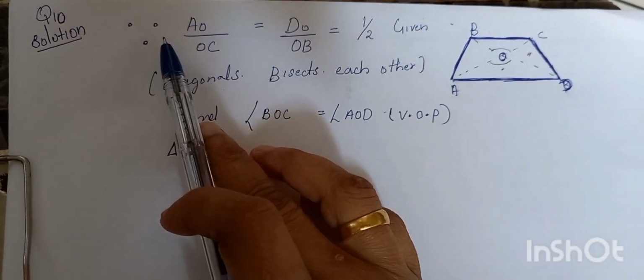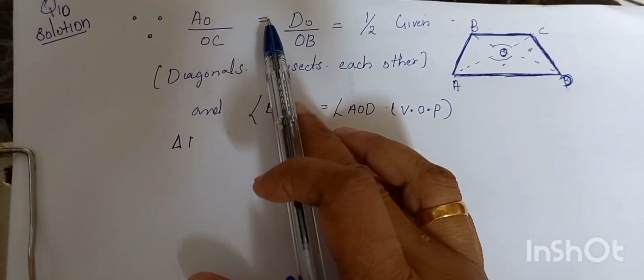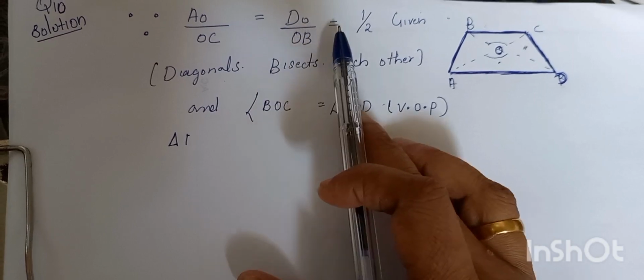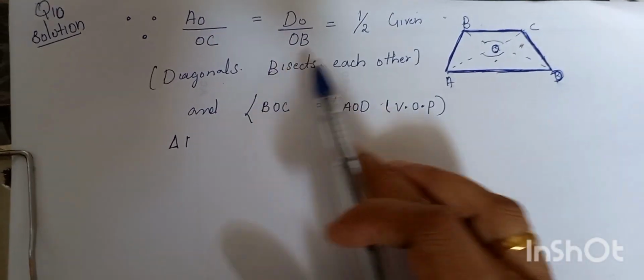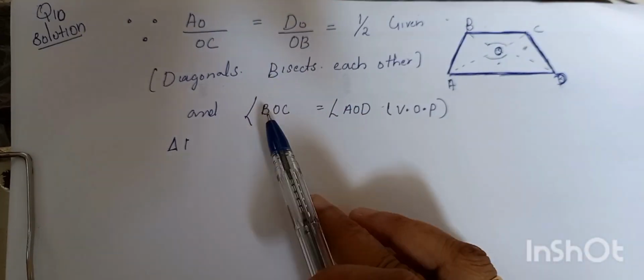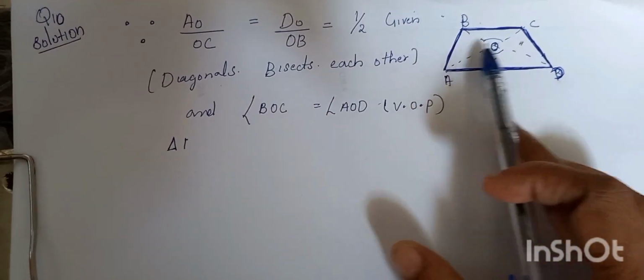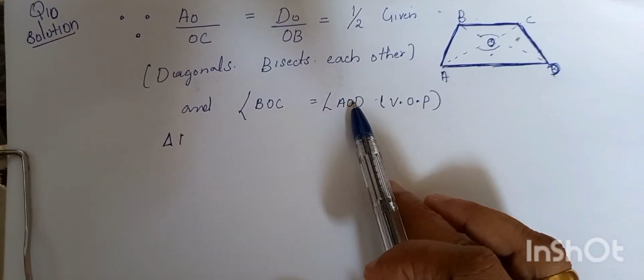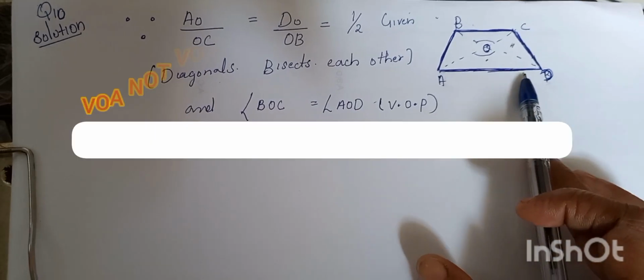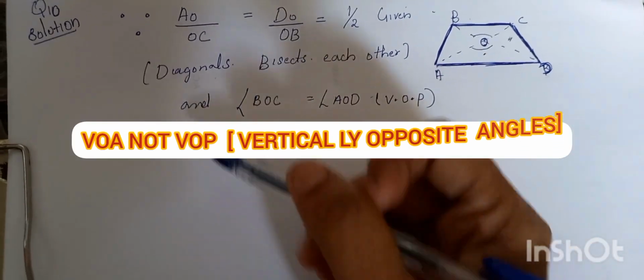Question number 10 solution. Since AO by OC is equal to DO by OB, which is equal to half, given, diagonals intersect each other, that is why. And angle BOC is equal to angle AOD. What is the reason? Vertically opposite angles.